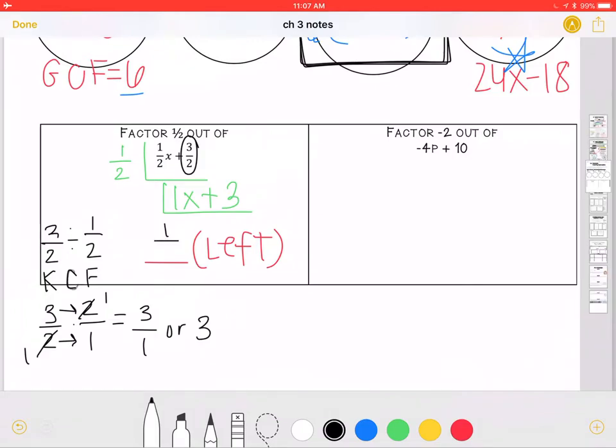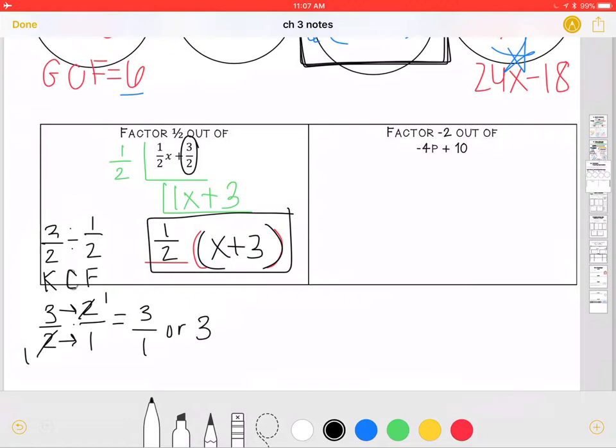So that should be on the outside of your parentheses. That's what we divided out. And then what was left? What's in that bottom layer of your cake? 1x plus 3, or again, you don't need that 1, so maybe just x plus 3. You should have your parentheses.